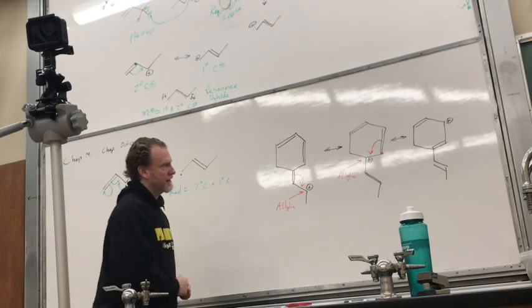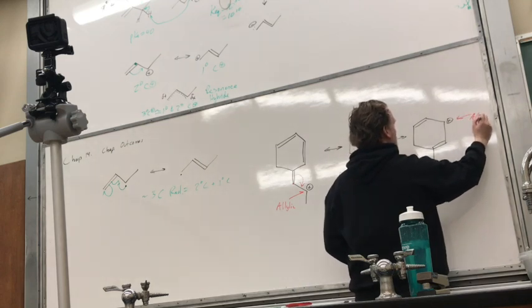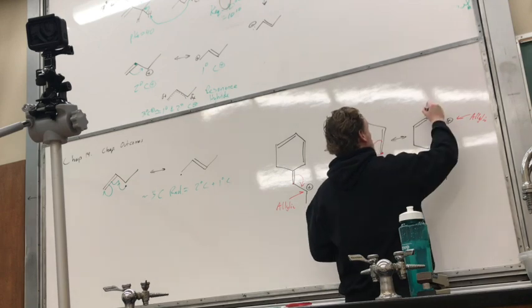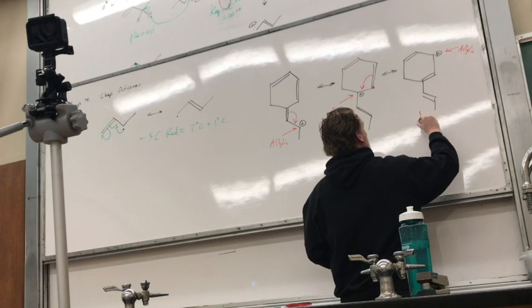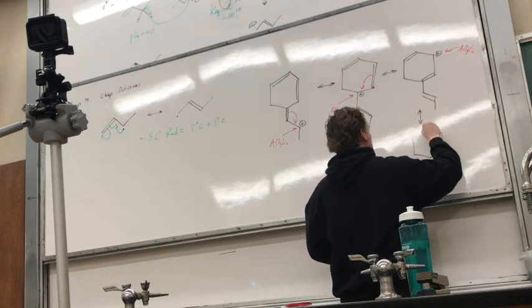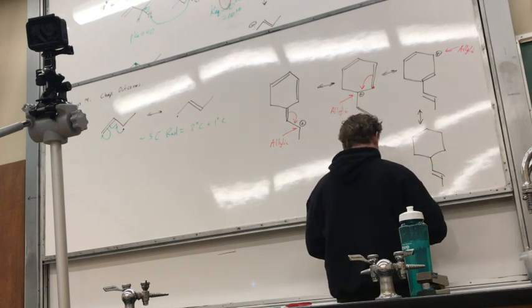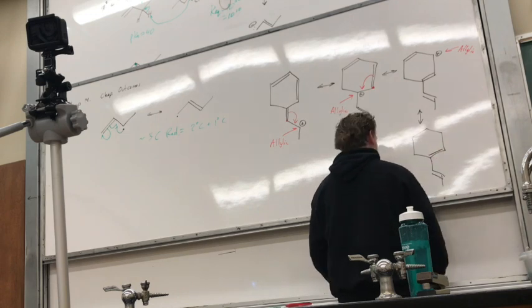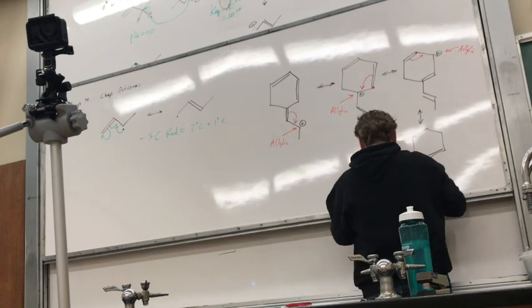And once again, it's allylic, so it has one more resonance structure, which can be seen by having a hinge here, swinging over this way.